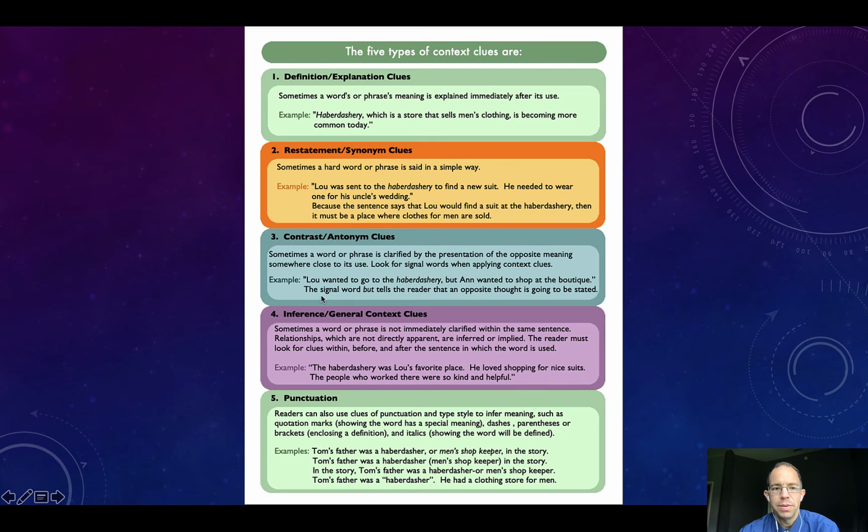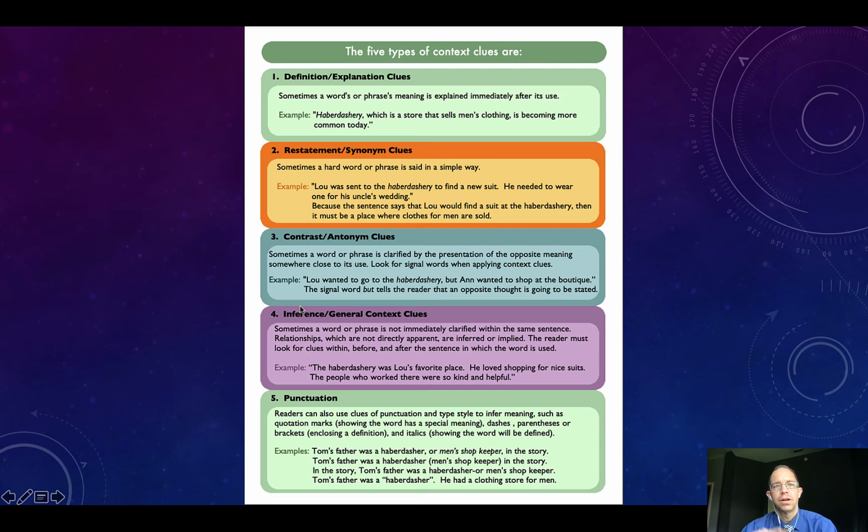See if you can help students make inferences. See if there's some kind of punctuation clue that might help them. And there's lots of other clues that you can look up, and I'm going to, again, recommend that, to become an independent learner, you do a quick Google search of context clue types, and you'll find lots of different ones you can teach your students, but these are the general ones.